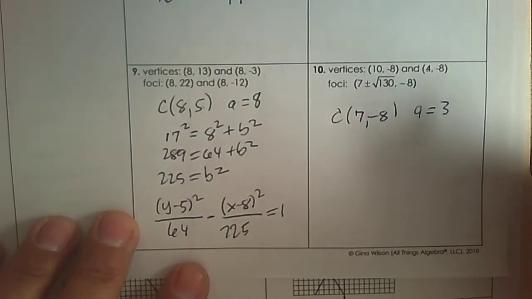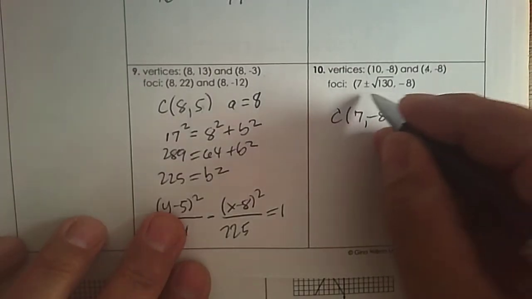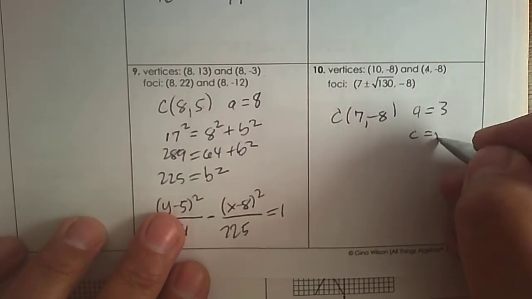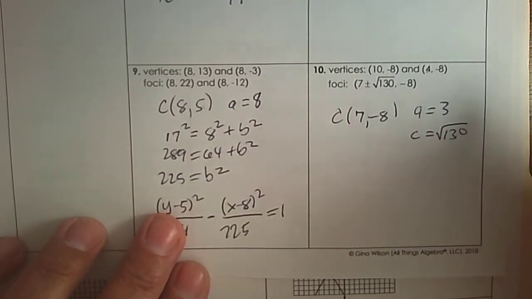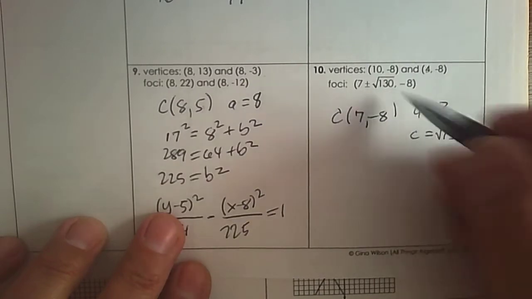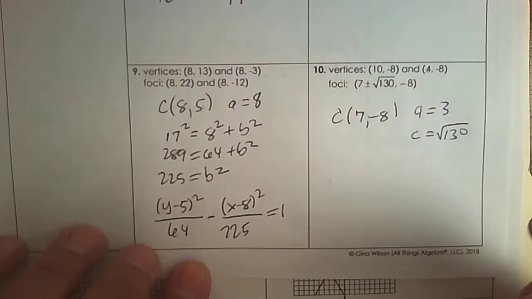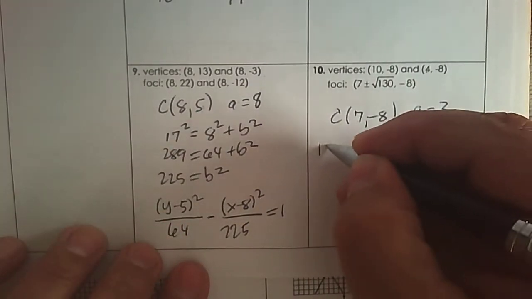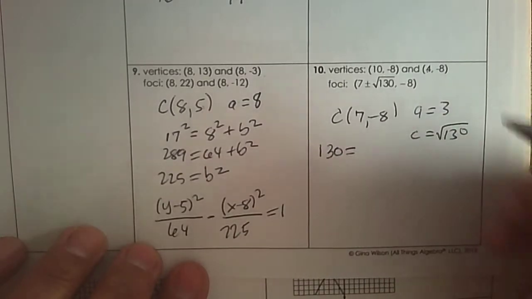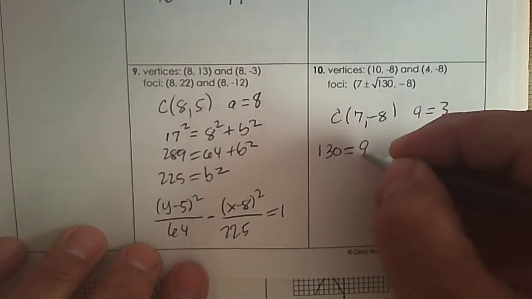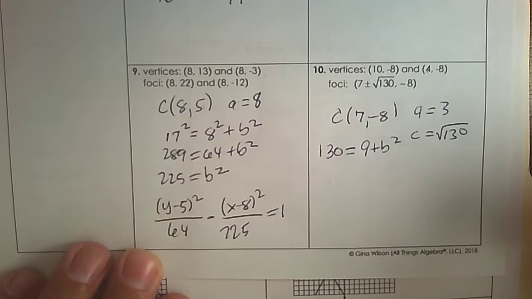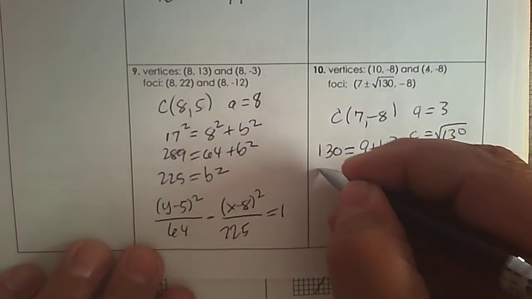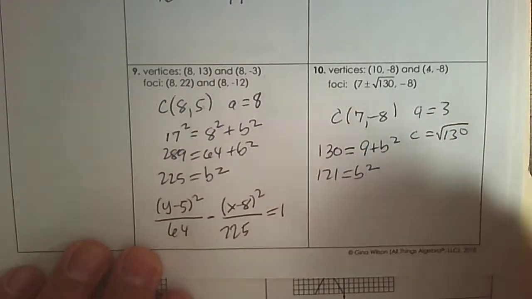If we're going to do the foci, recognize how the foci is given here. Our c is what you see, the square root of 130, added and subtracted to the center. So the formula is c squared is equal to a squared plus b squared. And then subtract 9. Now I don't need to simplify it, it's done.